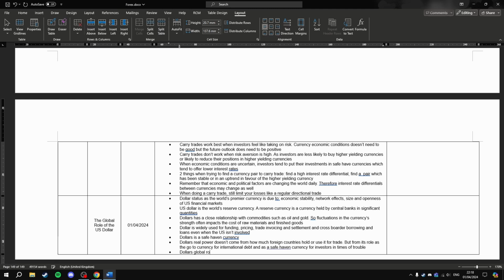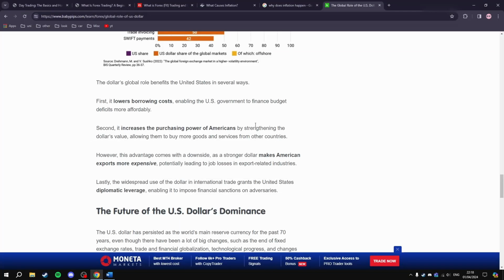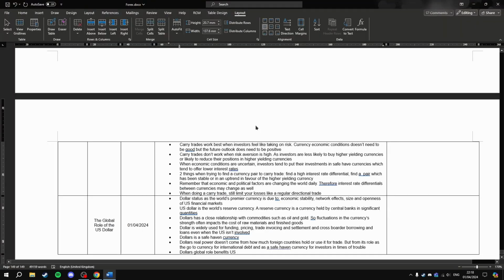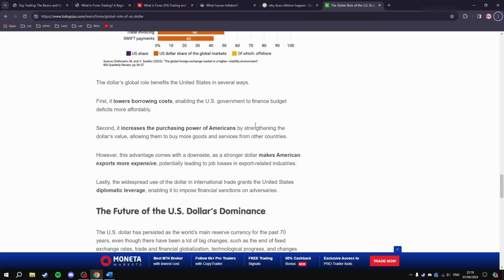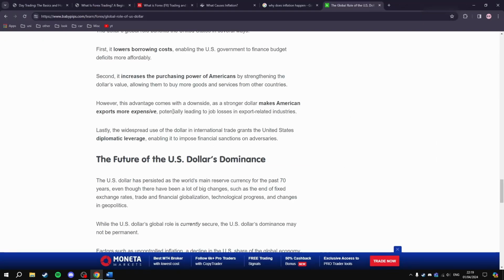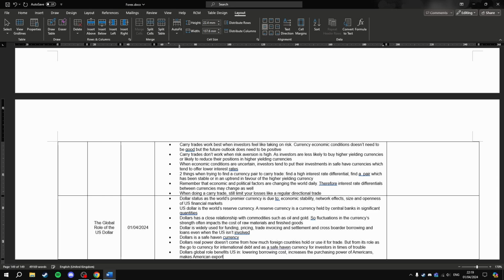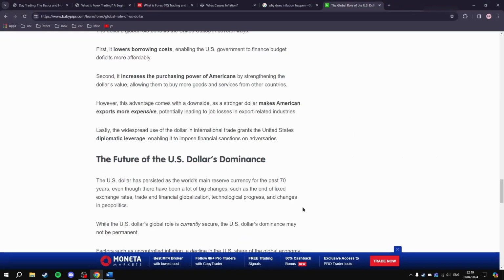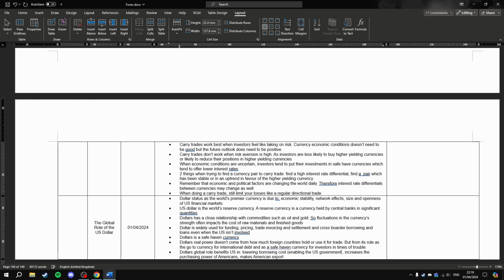The dollar's global role benefits the US in lowering borrowing costs, enabling the US government to finance budget deficits more effectively.